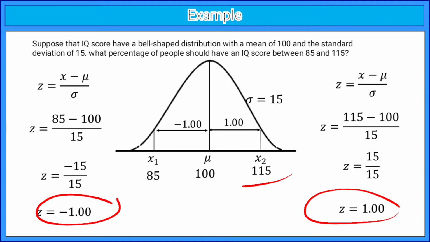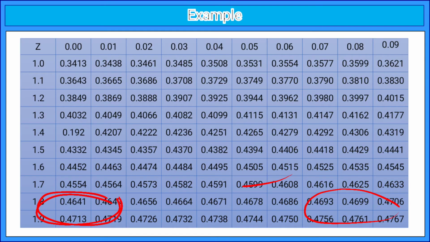And don't worry, when you get negative values, it's okay. It is somewhat similar to getting the percentage of 1.00. When you get negative values, just get the absolute value of it and then apply it to the standard normal distribution table. So in our table, let us take a look at 1.00.